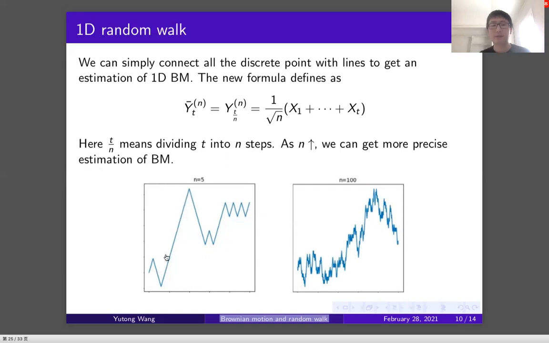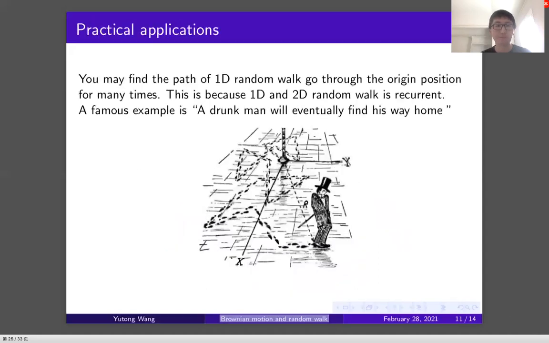Like there, for this straight line, you can just see it passed the original point one time, for example. And for this picture, you can see it passed many times, so we can get more detailed information.